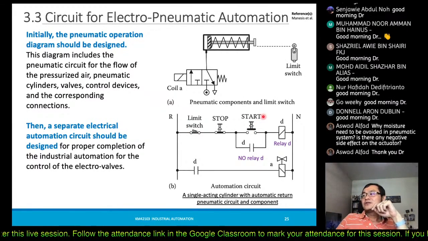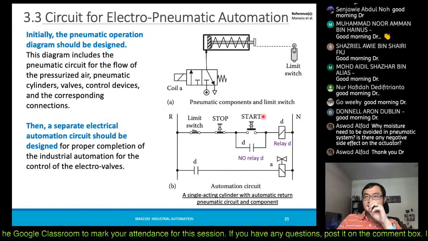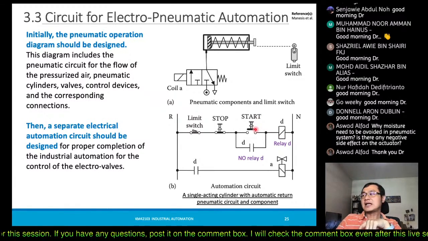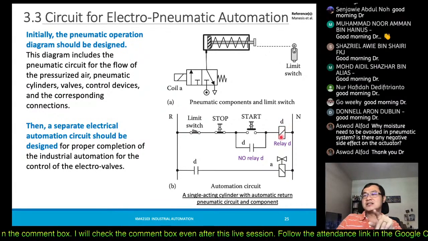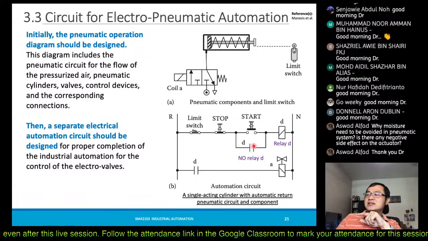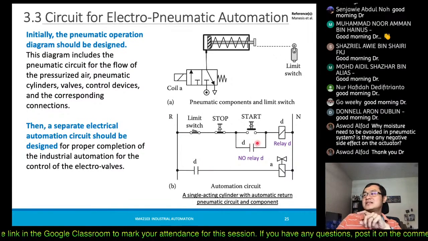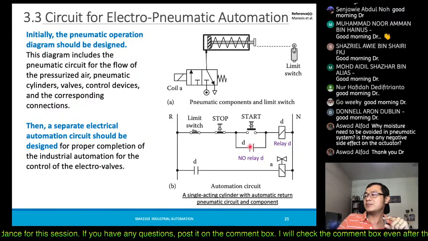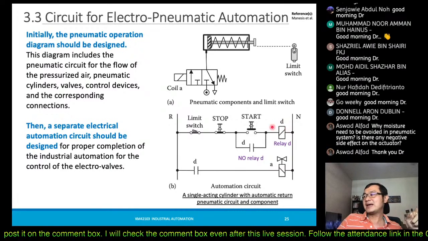So to operate this circuit, you must first press the start button, so it will energize this relay and change the state. Once this relay changes state, it will change this state and this state, both of these. This is just a symbol, you have to remember, of the relay being operated by this.